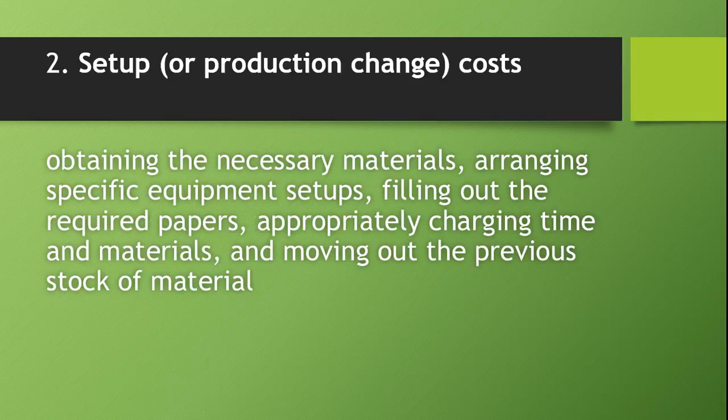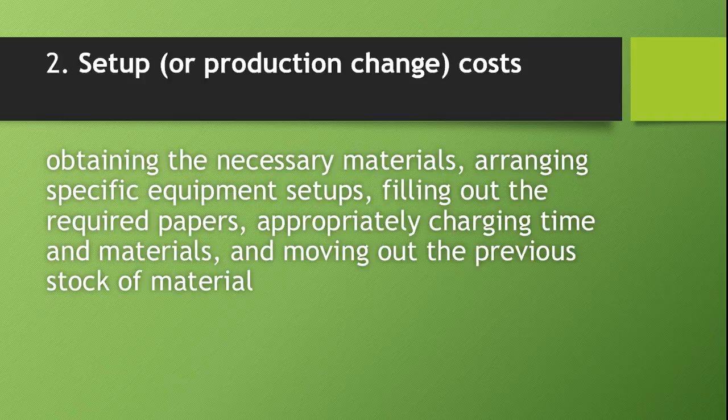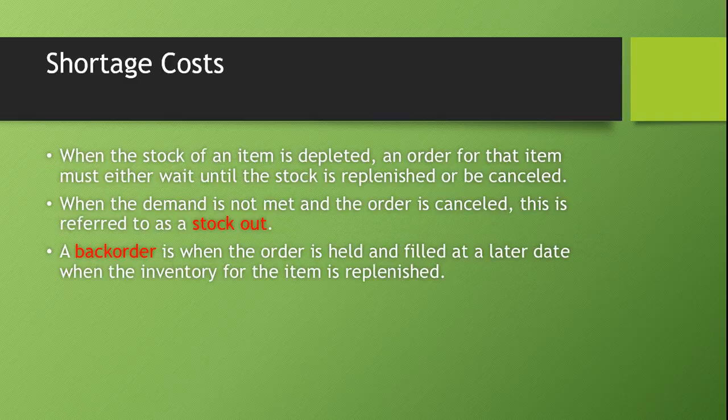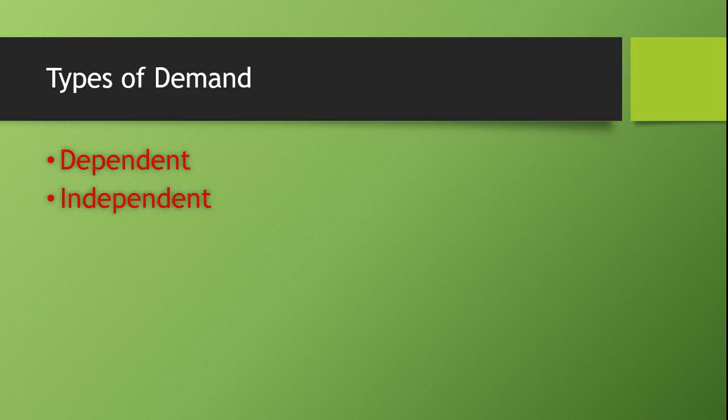What we are supposed to do today is to understand the costs, because this is what will affect inventory management. Inventory means stock or the materials that we have in excess. So the total cost of inventory includes holding costs, setup costs, ordering costs, and shortage costs.